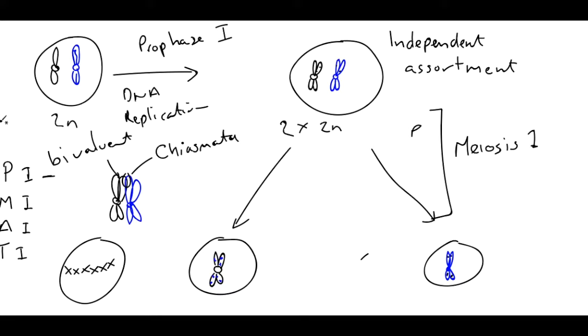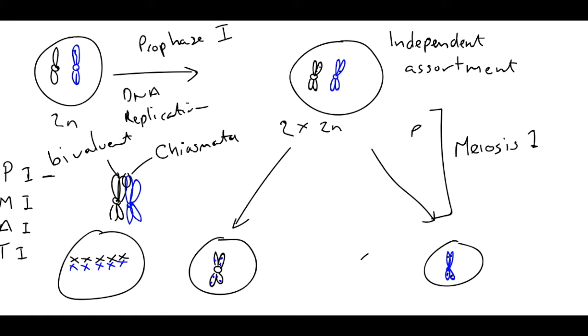What happens in meiosis 1, in metaphase 1, is that the chromosomes do not align as 46 individual chromosomes, they align in their homologous pairs. So you'll actually have 23 going along here and 23 underneath.